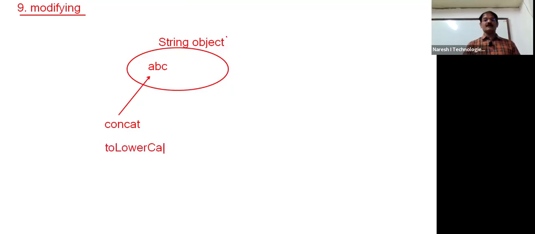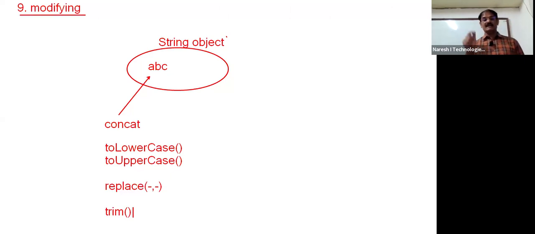I can convert all characters to lower case, and I can convert to uppercase. Change the case. Also I can perform replace: replace an old character with a new character, or an old subsequence of characters with a new sequence of characters. And next, I can remove the string's beginning spaces and end spaces.